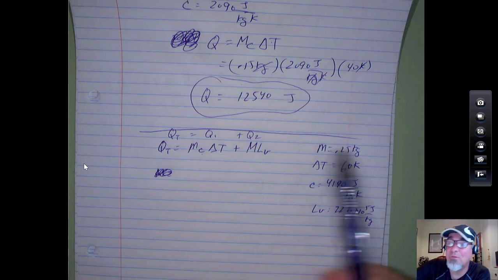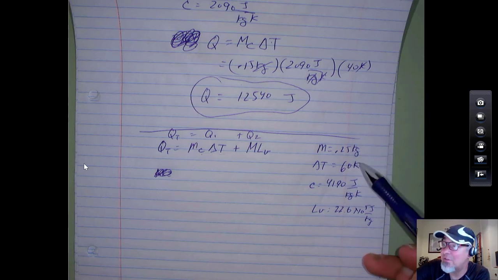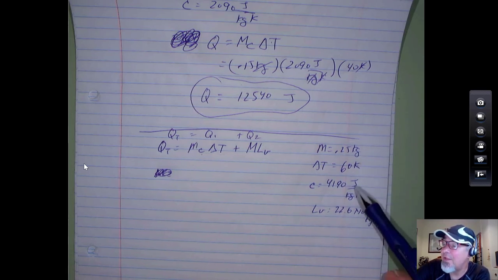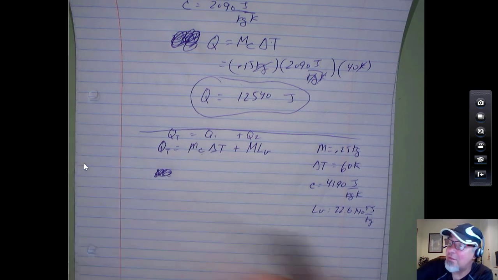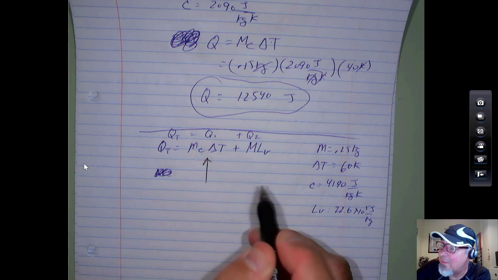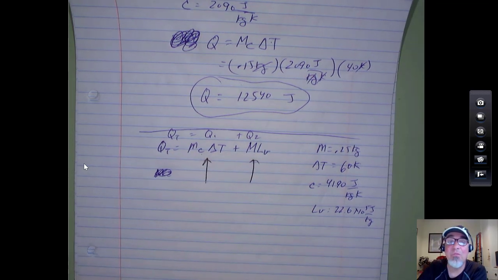In this problem, we're given the mass, we have the temperature change. Remember, we're going from 40 to 100, so the temperature change is 60. Here's the specific heat of water, and here's the heat of vaporization of water given in the problem too. So you have everything, you just have to put it together. So I'll leave it to you to do that. You have the mass, the specific heat, the change in temperature, again the mass, and the heat of vaporization.